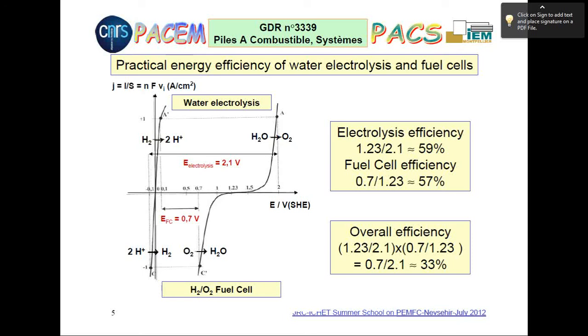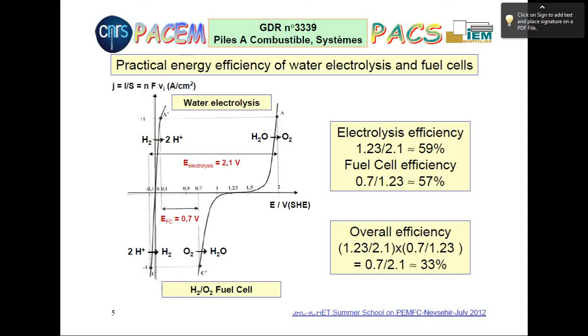It's okay. So now, if you look at the practical efficiency, you have deviation from the standard electrode potential. For the electrolysis, the efficiency will be the ratio between the standard 1.23 volt and the working cell voltage 2.1. So near 60% efficiency.